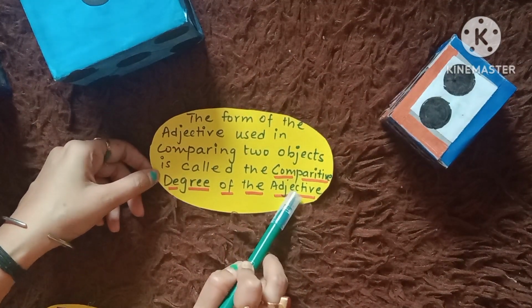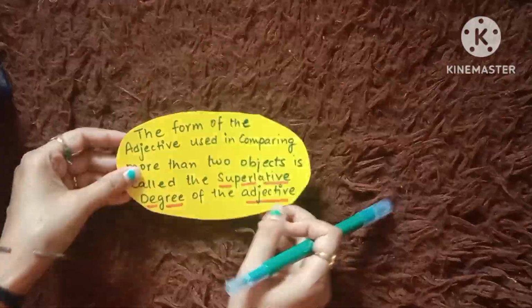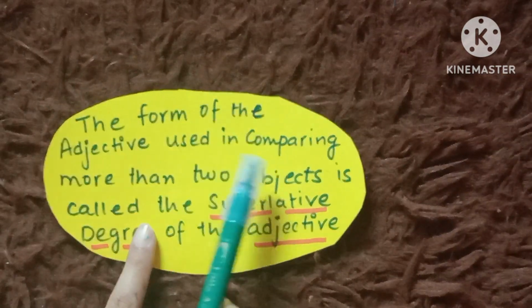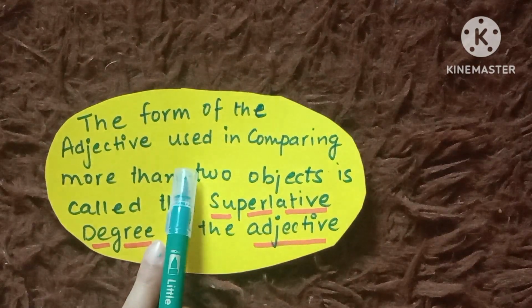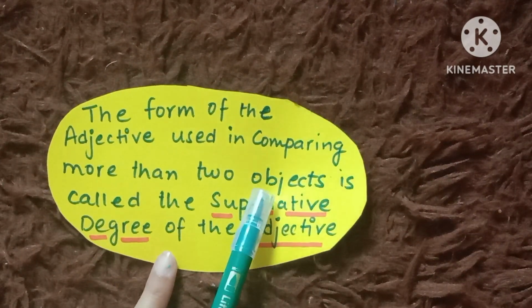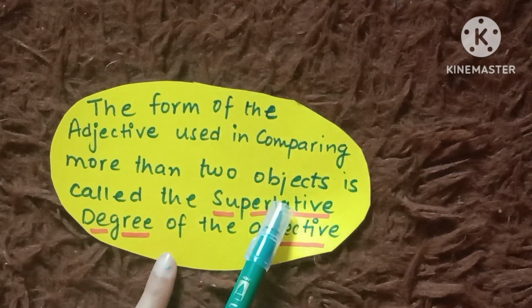Now the third one we have is the form of the adjective used in comparing more than two objects. It can be three or it can be many. It can be an entire class.